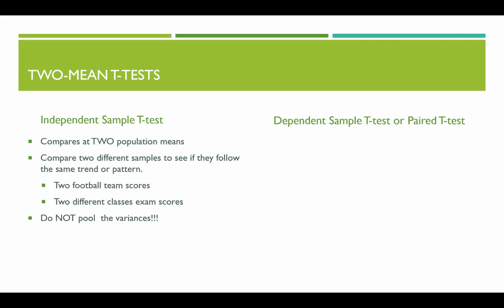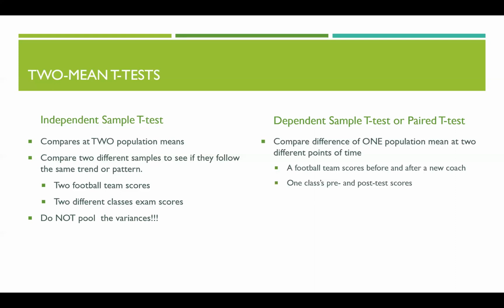The other two mean t-test is a dependent t-test, or it's usually called a paired t-test. With a paired t-test, we actually look at the difference between one variable from one population taken at two different points in time.